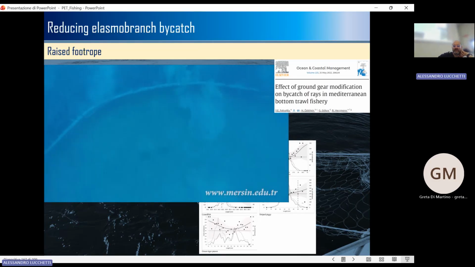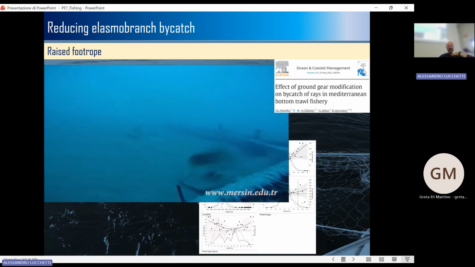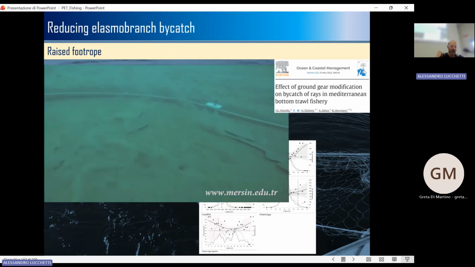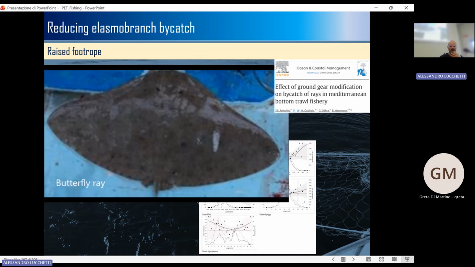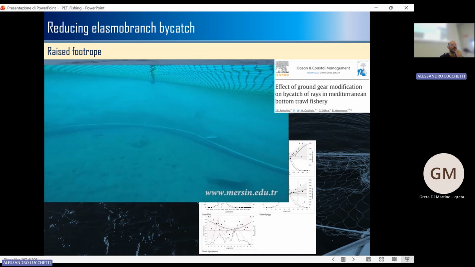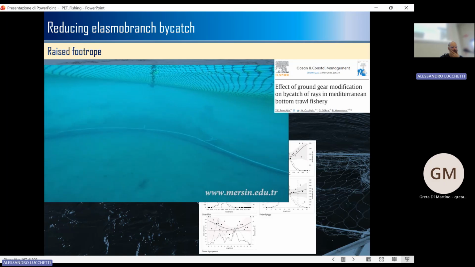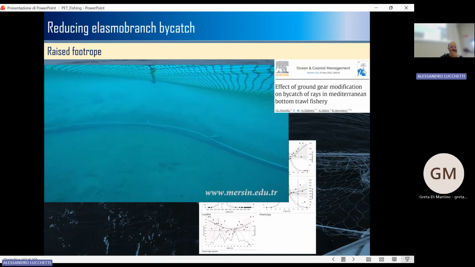Yeah, you can see that this is a bottom trawl, and the flat sharks can swim below the net in this case. I don't know how they reach the rear part of the net, but it seems to work. They reduce the catch of rays. This is a video from the Turkish colleague.